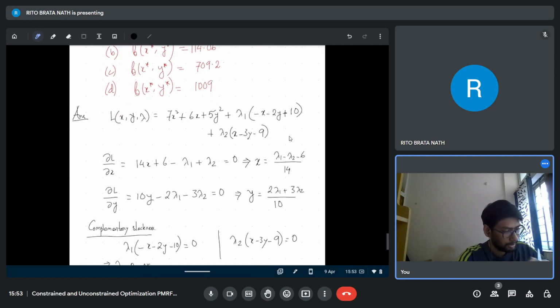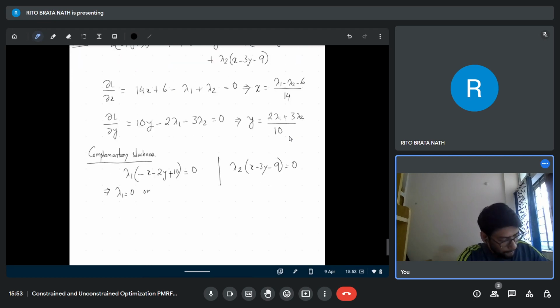Second equation is fine. On the first equation, those numbers don't have any role to play. So this means you have x plus 2y equals 10. And here you have lambda 2 equals 0, or x minus 3y plus 9.